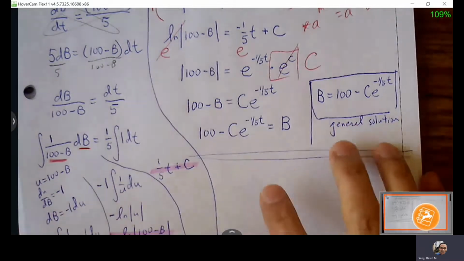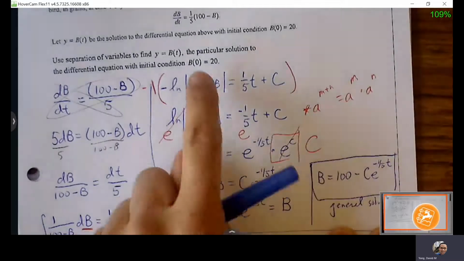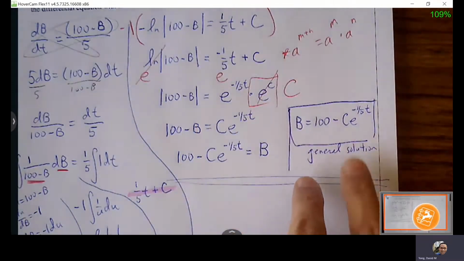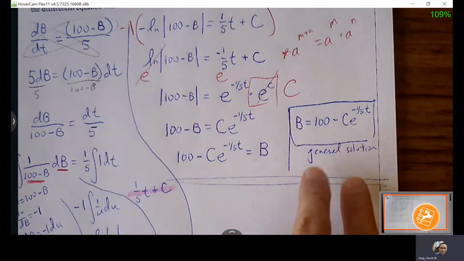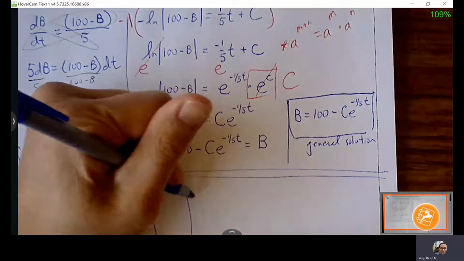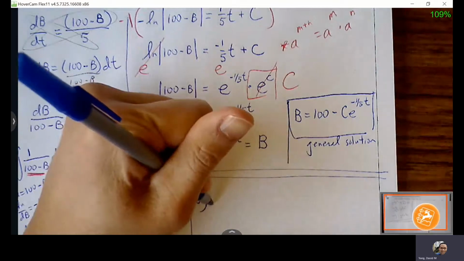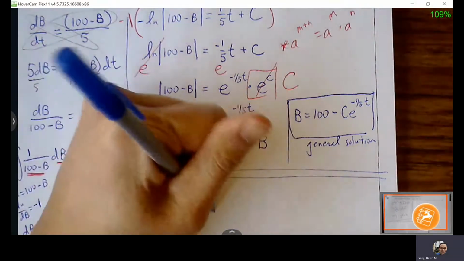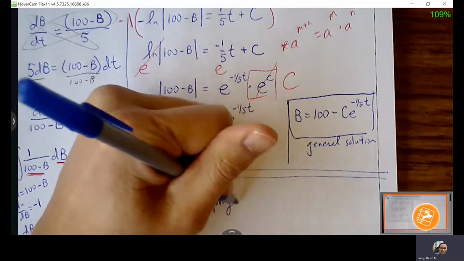Okay, so now we want to move to our particular solution. Particular solution, all it means is updating that C value. So what's available to us to move towards a particular solution? We have the ordered pair. Good, so we're going to plug in the ordered pair.